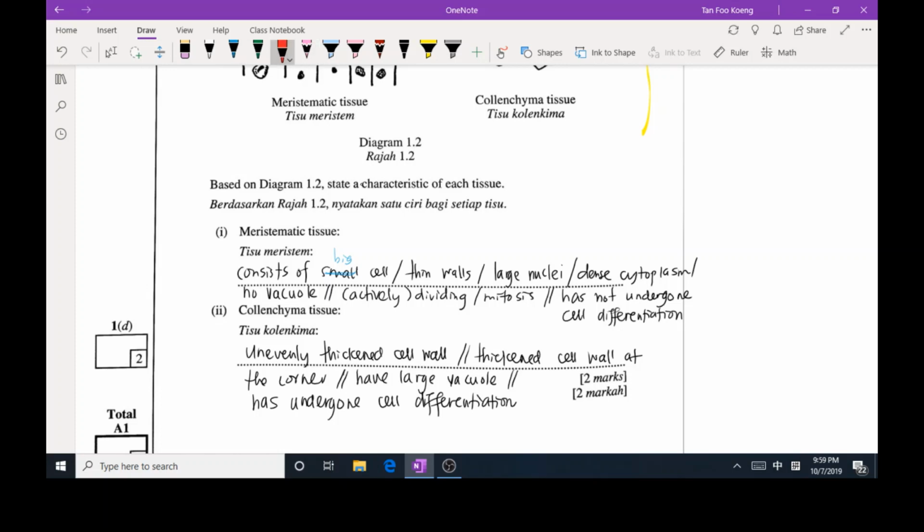So what am I going to mark? The first one is wrong, the second one is correct, but unfortunately we are not going to mark the second one because the question already asked for a characteristic. So if you are not sure about your answer, make sure you prioritize the answer that you have more confidence with.